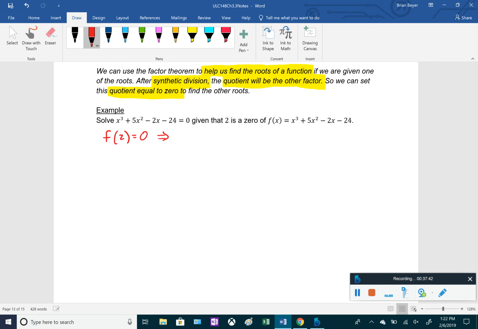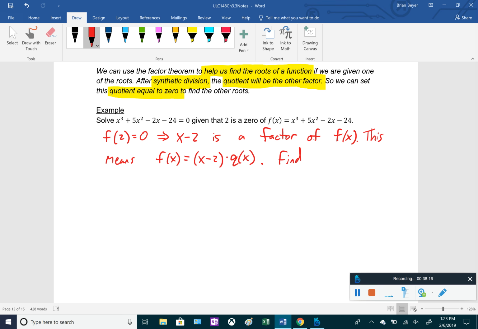Based on the factor theorem, this means that x minus 2 is a factor of f of x. And this means that function f of x can be written as x minus 2 times something else, which I'm going to call q of x.